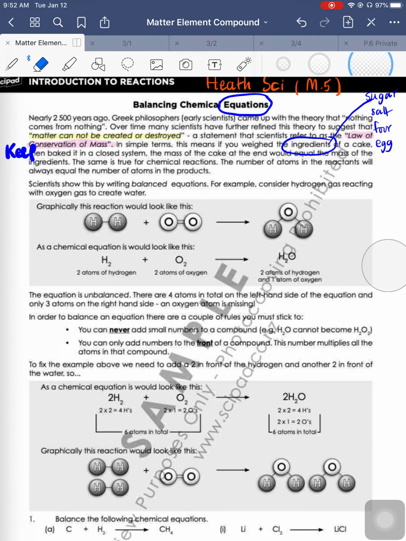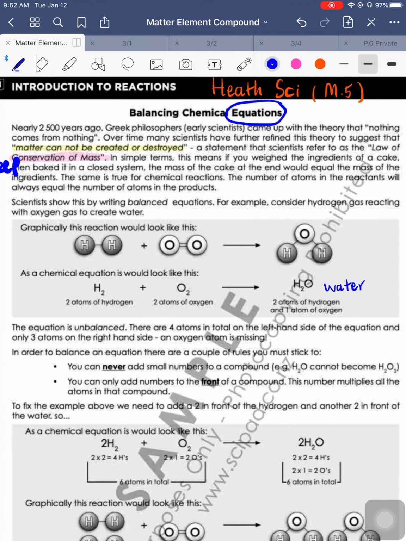So, for the example that I would like to show you of how to balance equations: hydrogen gas is H2, and oxygen gas is O2, and they react together to form water, right? This one is water. You have to count the atoms of each.